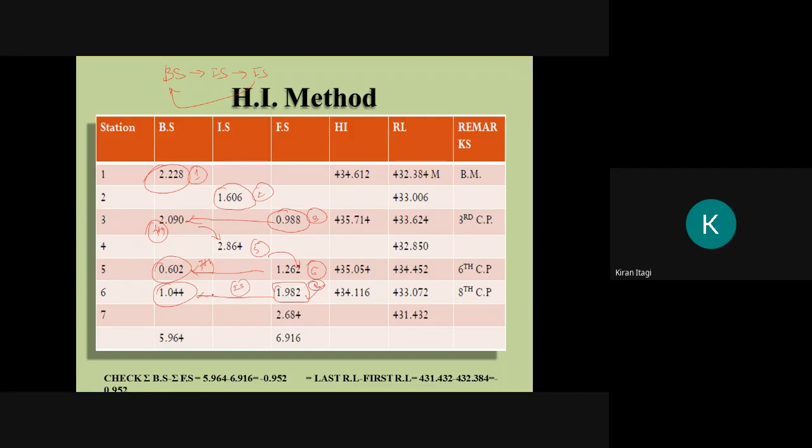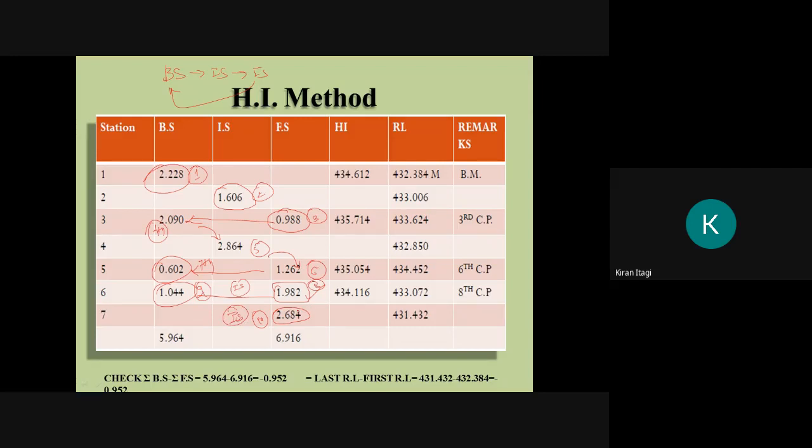Okay, this is 8th, 9th. Now here he has not said whether the 10th staff reading is a change of point or what. He has not said anything, but we are writing it in the foresight only. Instead of writing in the intermediate side, we are writing in the foresight.